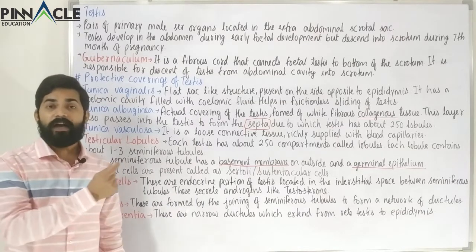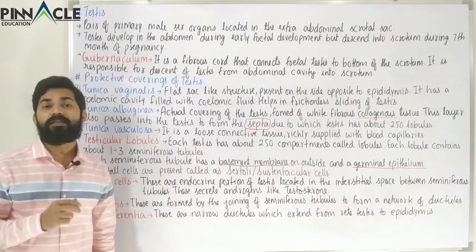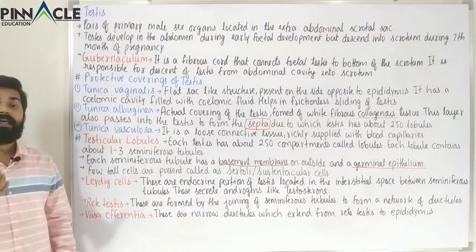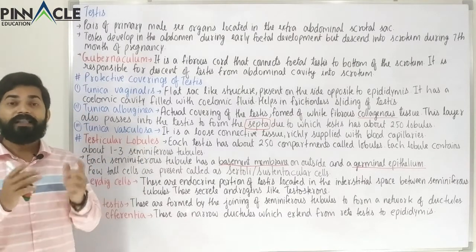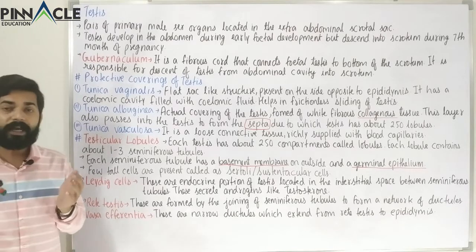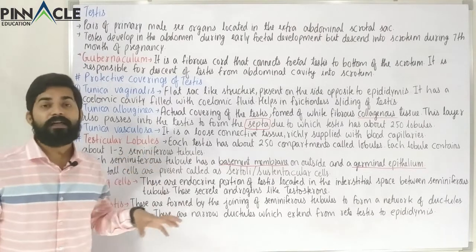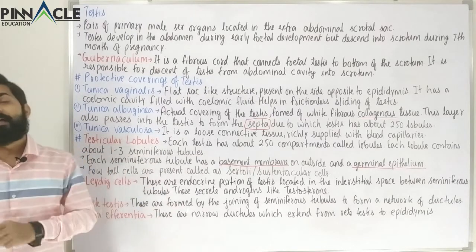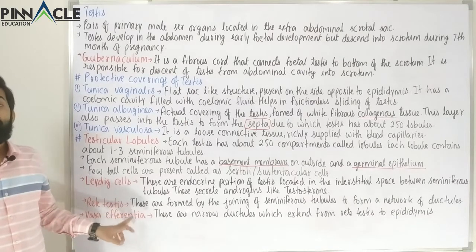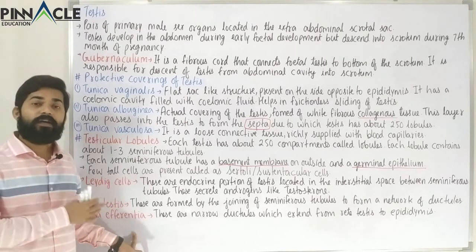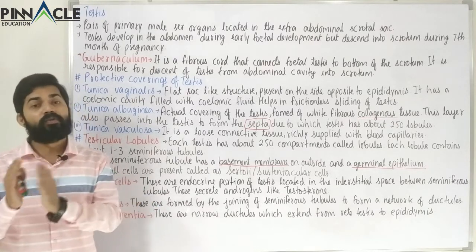They are closed at one end, and at the other end the various seminiferous tubules coming from the various testicular lobules join and form a network of ductules, which we had seen in the diagram. That thin ductule network is called the rete testis. From the rete testis a few ductules arise, and those are called the vasa efferentia, and these carry the sperms from the rete testis to the epididymis.